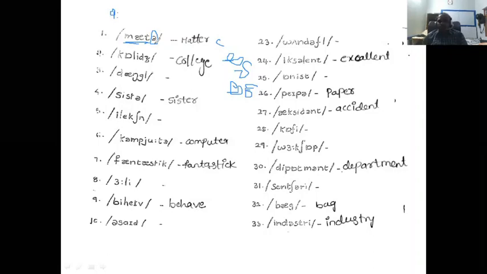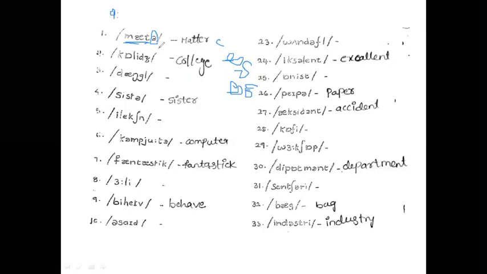Okay, there are four sounds. One is the m sound. The other one is the a sound. The next one is the t sound. The last one is the r sound. The total is matter. Okay, matter. So when you try to read these sounds, don't look for spelling in these sounds, because you'll be misled.